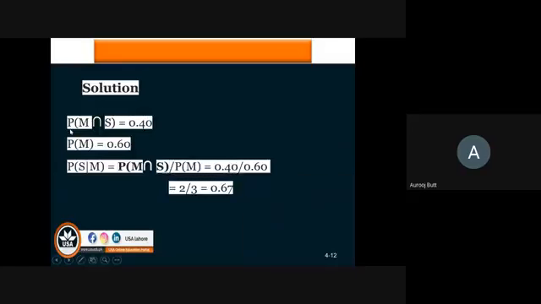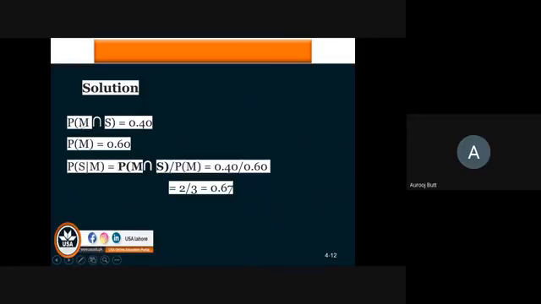If you have the case of "and", that means you have an intersection term. If it is "either" or "at least", that means union. And if it is "and", that means intersection. Okay? So you have the probability of maths intersection science.